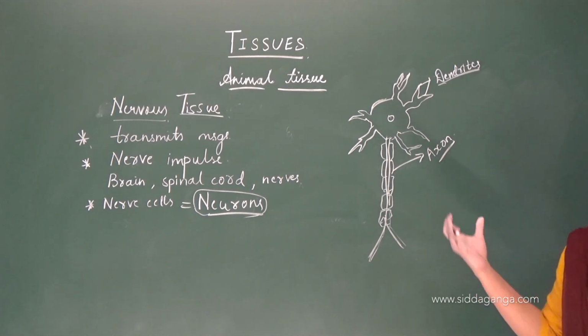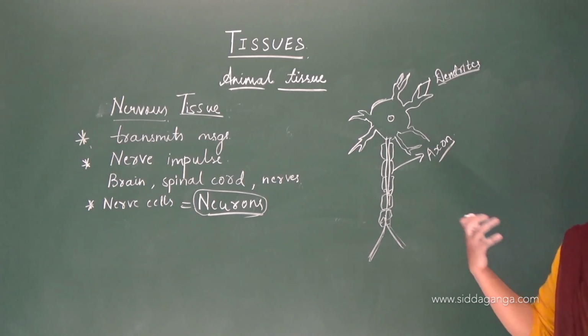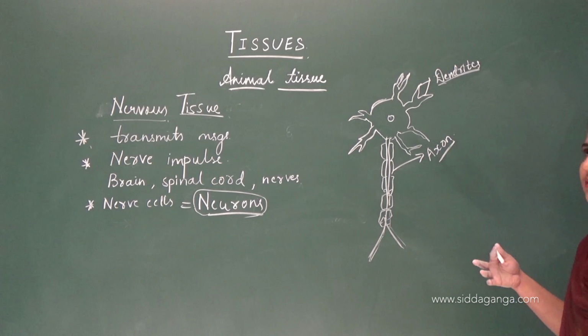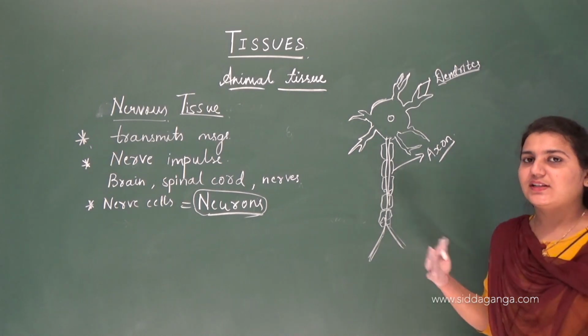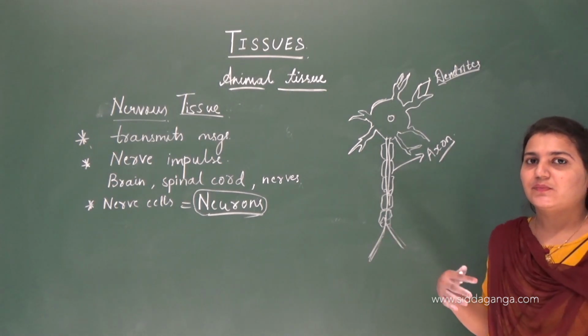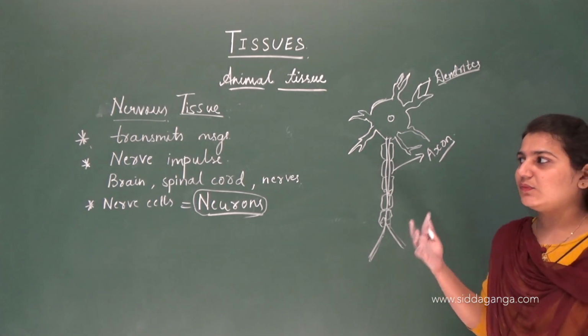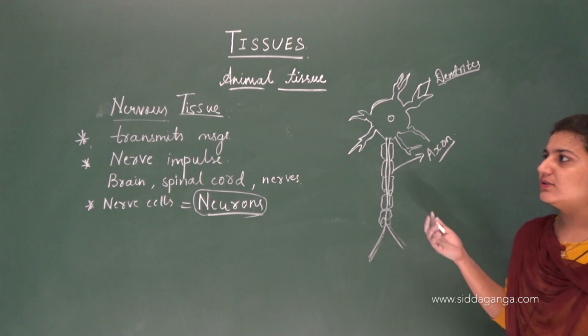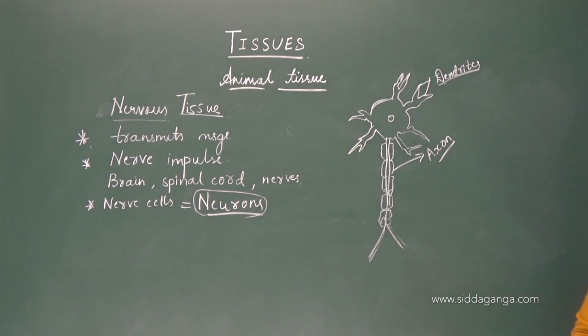What are the messages exactly? The response to the stimuli. If something is too hot, too cold, or when there is a dangerous animal, seeing that you just run away, isn't it? Those are the stimuli for which these nerves respond. So this is about the nerve tissue.